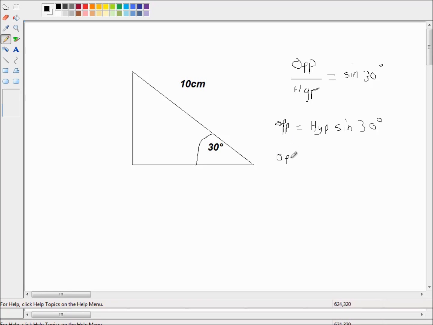So the opposite is equal to 10 centimetres, which is the hypotenuse, times the sine of 30 degrees. And now it's just a case of finding our scientific calculator and typing the numbers in.